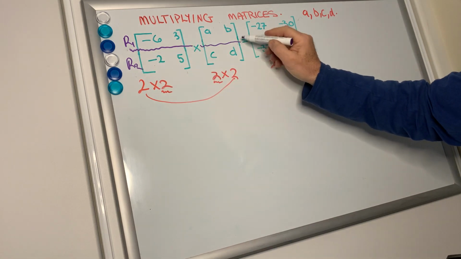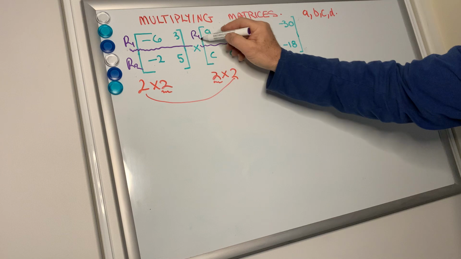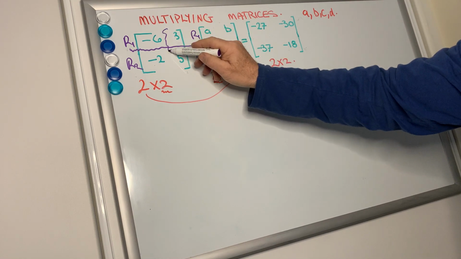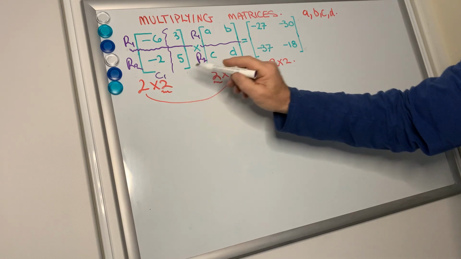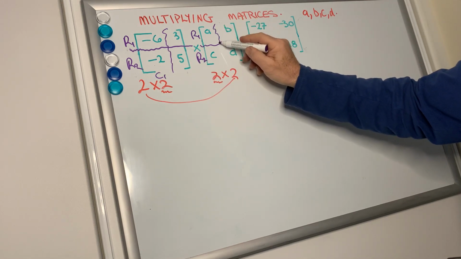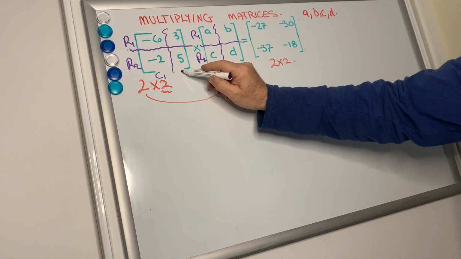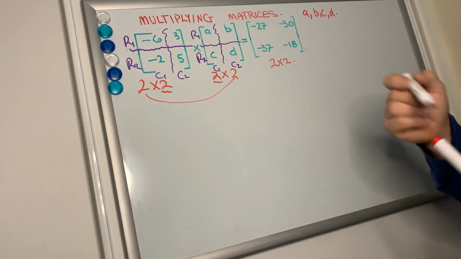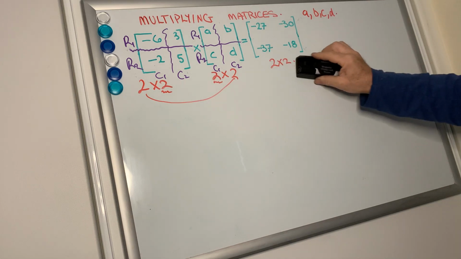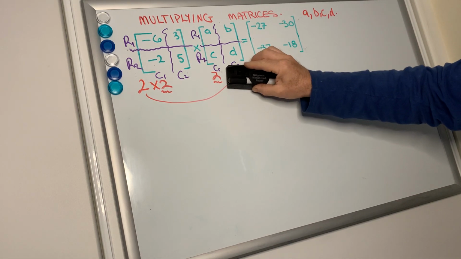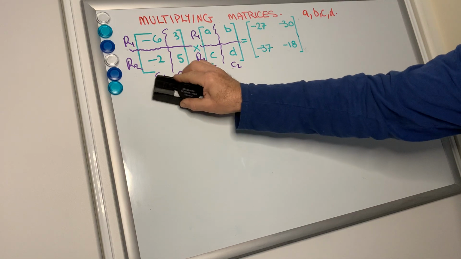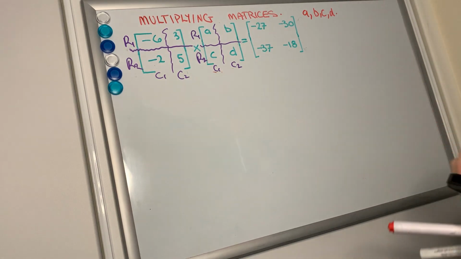Same thing, row 1, row 2, and there's column 1, column 2, there's column 1 and column 2. And what I'll do is I'll just take that out for the moment. Let's make it a bit neater. Okay.